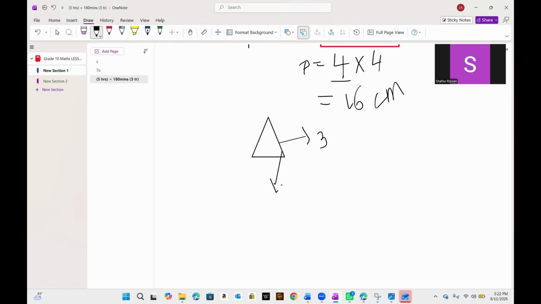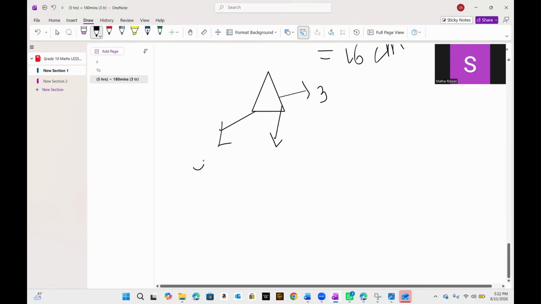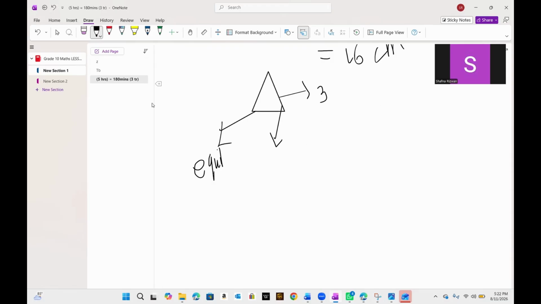Like you have something known as an equilateral triangle, and then another one which you can say here is an isosceles triangle, and the other one is your what?